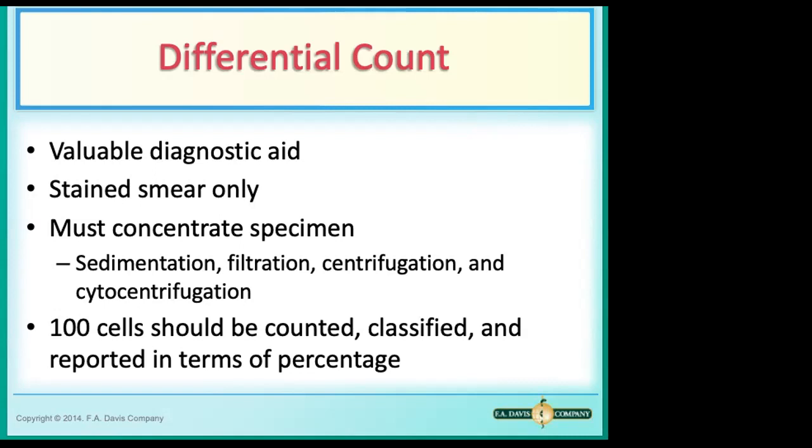Basically, it concentrates the cells to the slide. Once you do that, then it gets stained, and then you can start counting your cells. But you must concentrate the specimen before you can actually do your differential count.